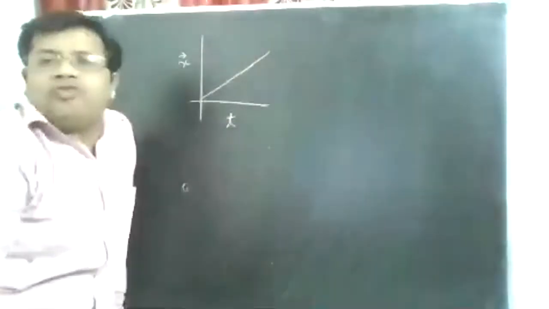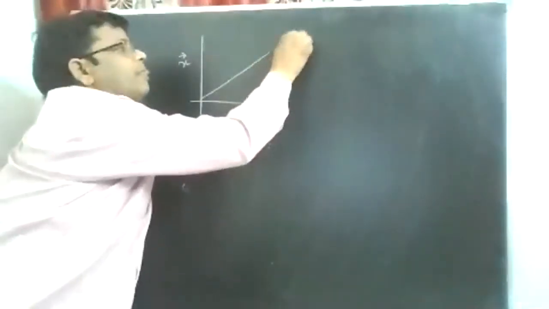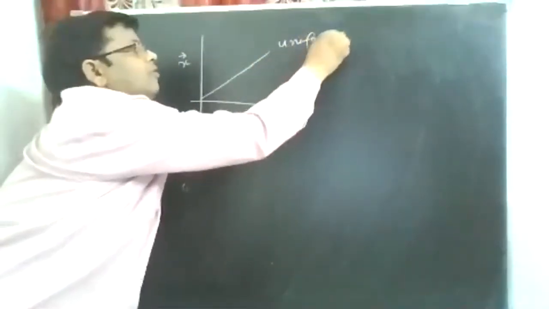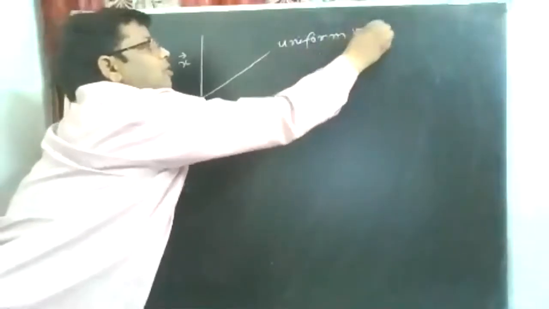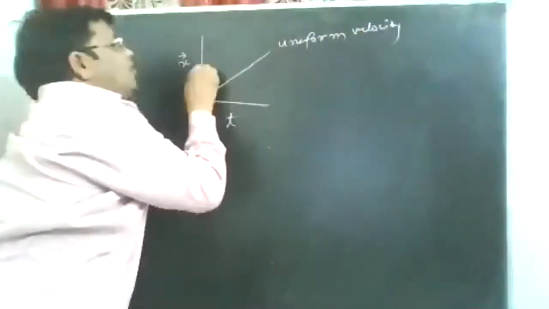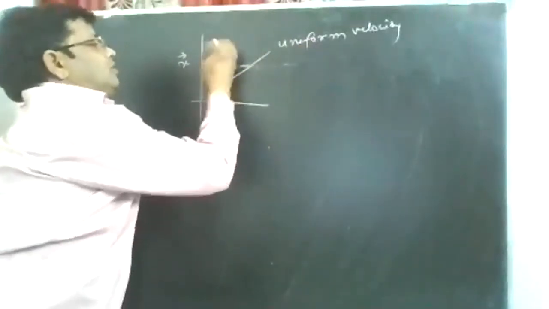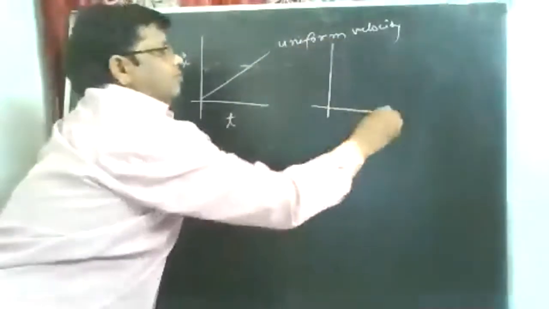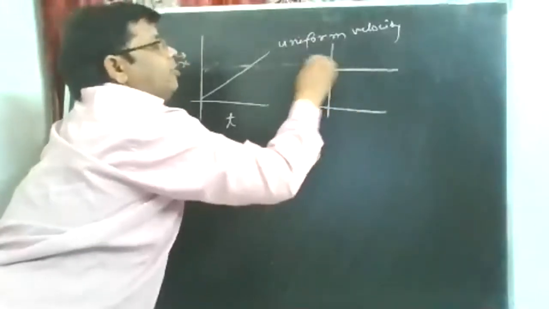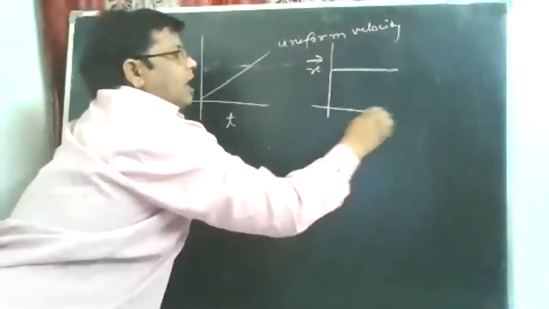So see here, beta, if the graph is like this, it is uniform velocity. Beta, what can you see about this? What kind of graph is this? Displacement upon time, what is the type of motion?